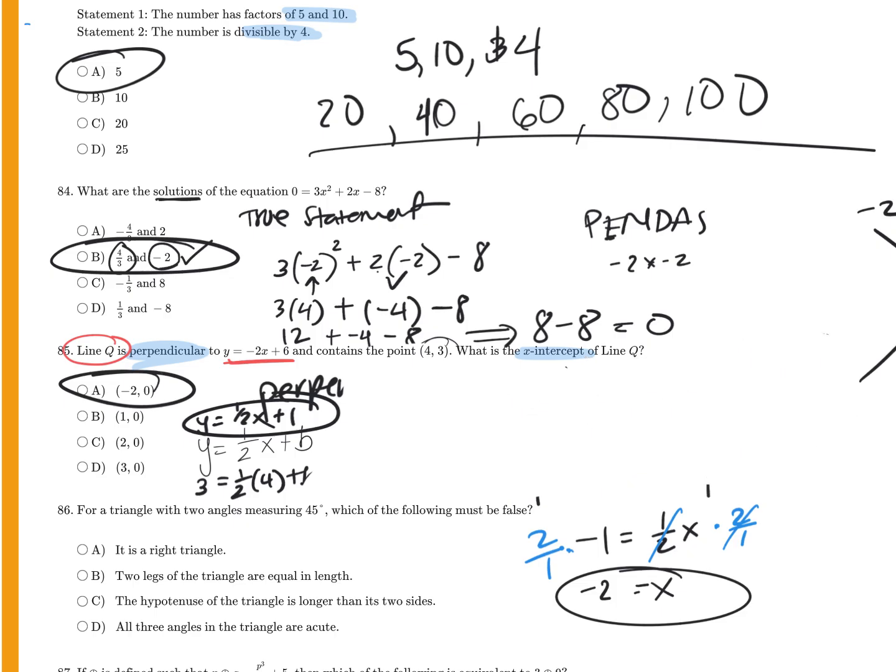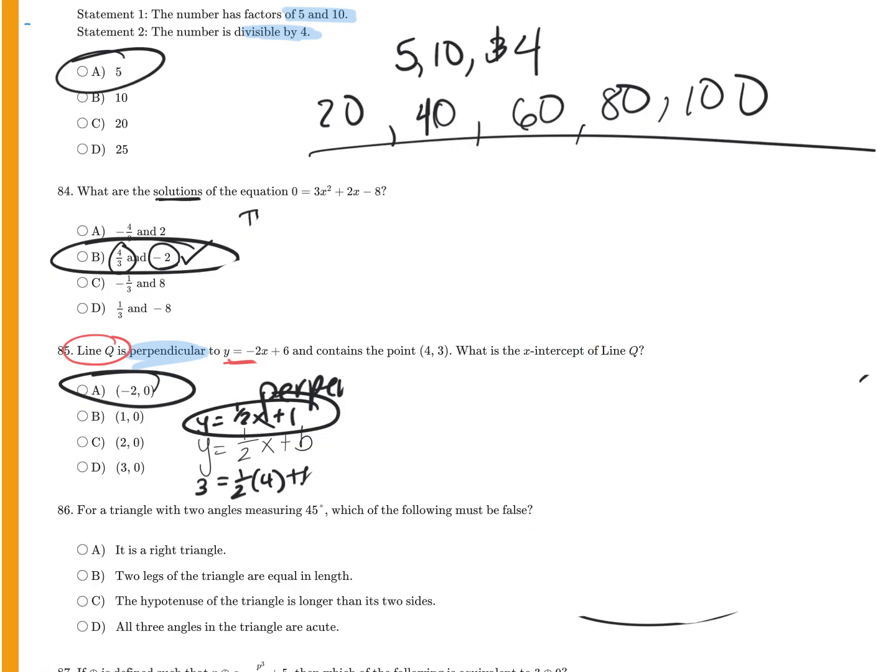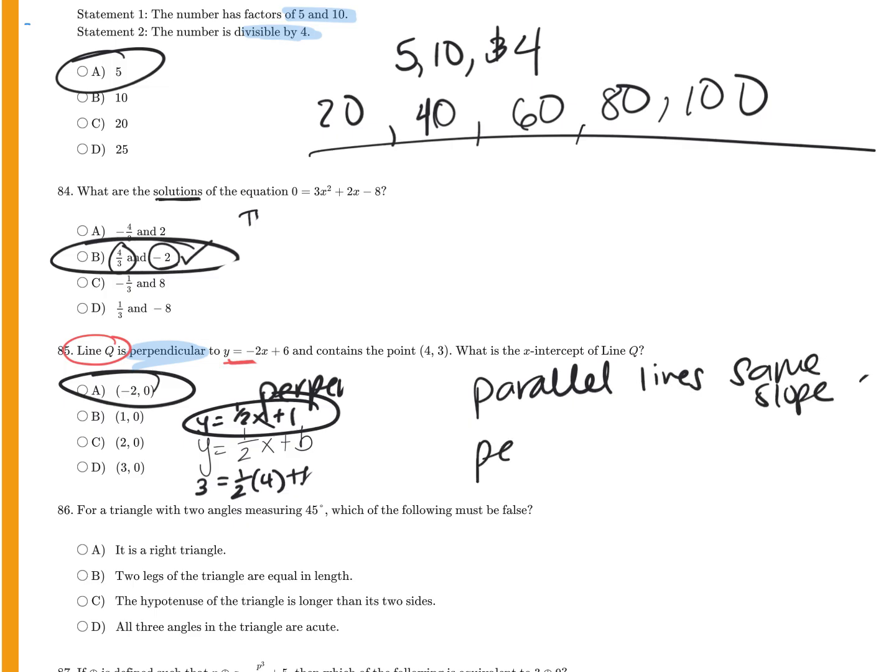Now, to be able to do that problem, you need to know about parallel and perpendicular lines. And what you need to remember of that is that parallel lines have the same slope, and perpendicular lines have the slope that is opposite reciprocal.